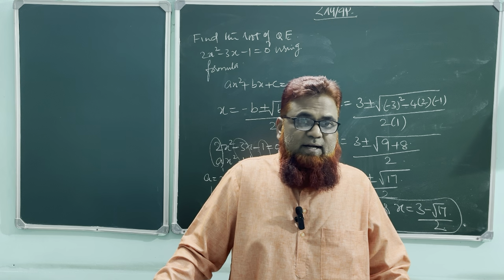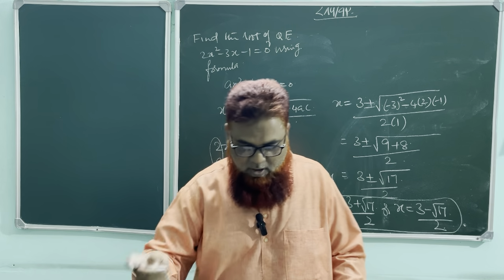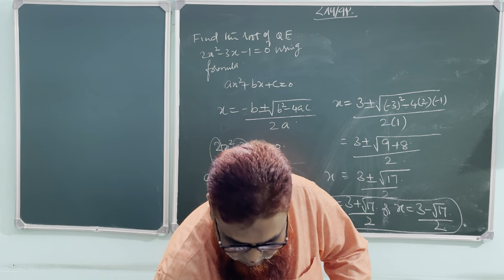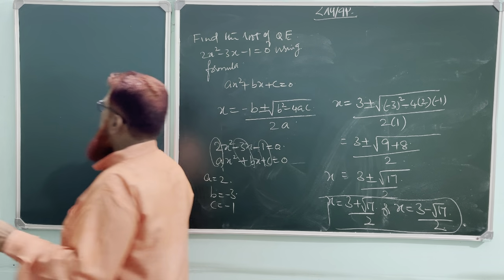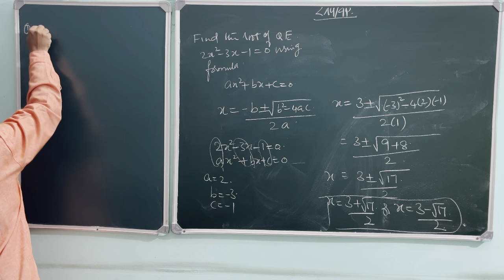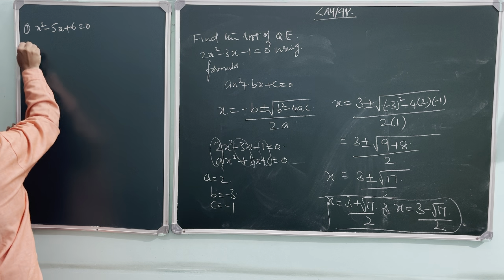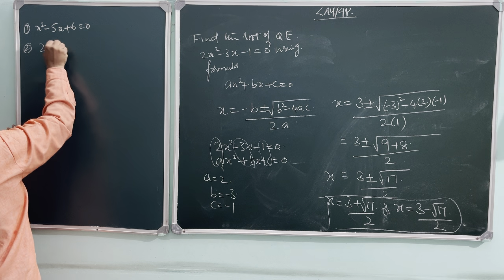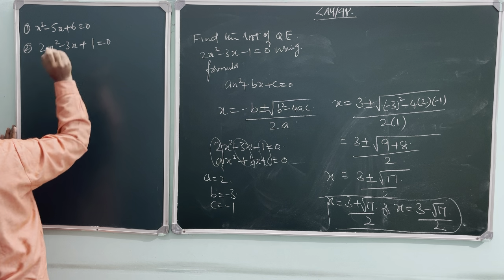Do not forget, practice it. I am going to give some problems as practice for you so that you can learn more and more. Find the roots of the equation using formula: x square minus 5x plus 6 is equal to 0. 2x square minus 3x plus 1 is equal to 0.